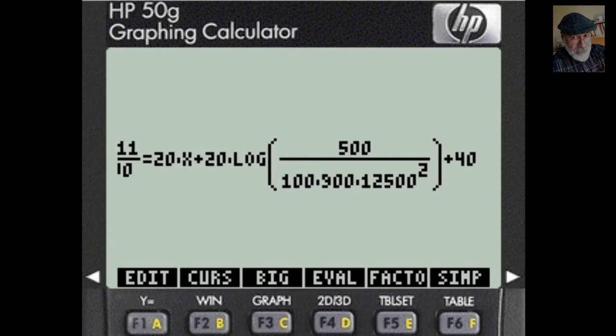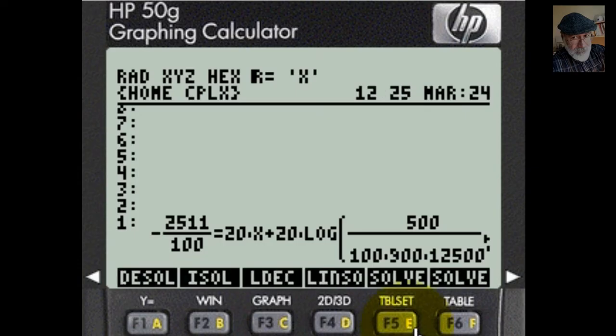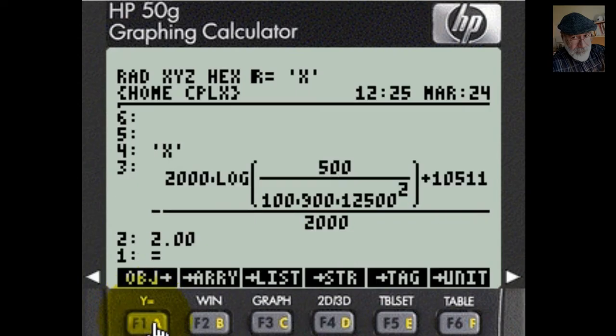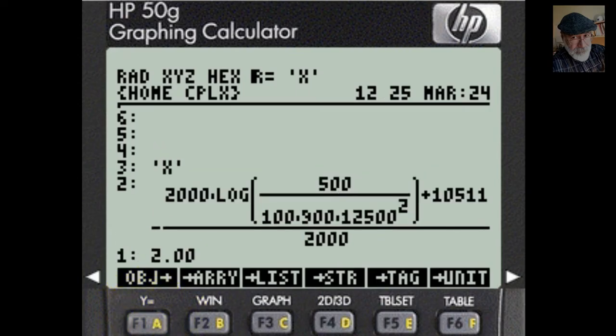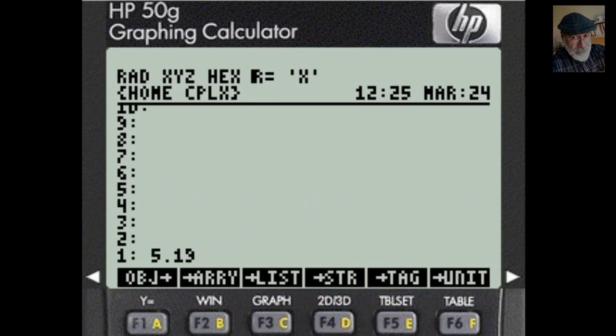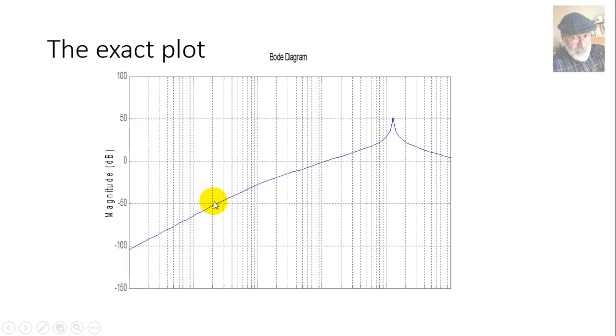Once we have it ready, we can use a symbolic solver to solve for X. But X will come as an equation, X equal to something. Let's eliminate the left-hand side of that. Object to pieces, delete and delete, swap and delete, and then we want the numeric value. Give me the numeric value of that. That is log of K. Anti-log of that, 10 to the, that is 156,000 and some change. Exactly the value that I had shown you before.